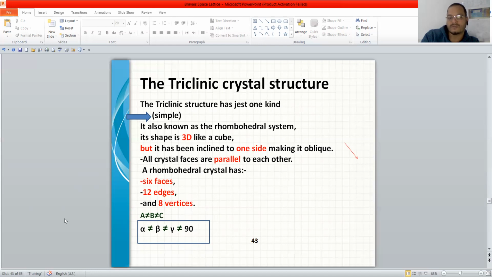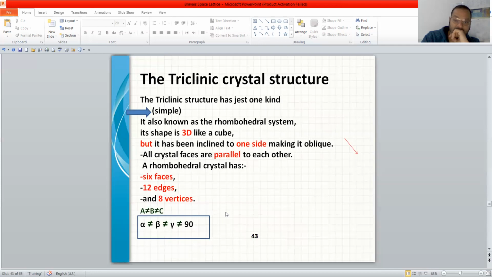Like I said before, A, B, C don't equal each other, and here we're dealing with 3 different angles. None of them equal 90 degrees anymore in the triclinic crystal structure. And we have just one kind of triclinic crystal structure.